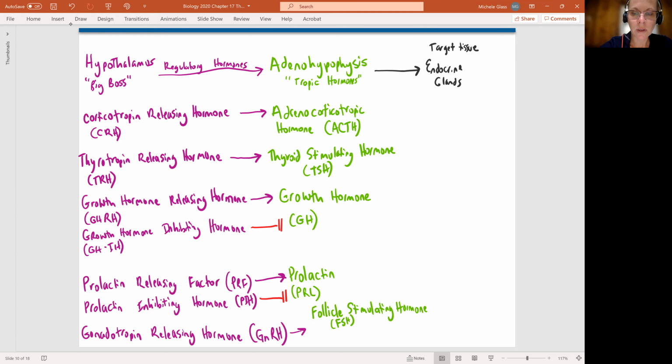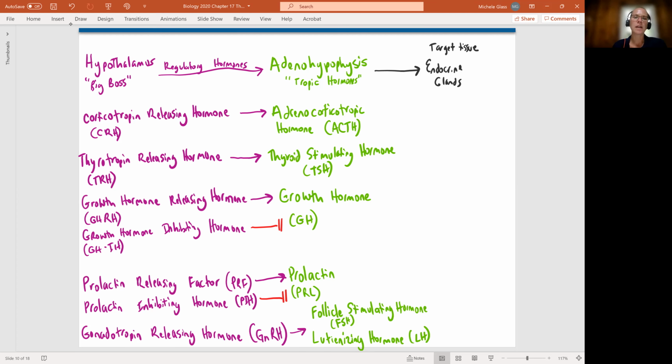And then we'll also get what's called luteinizing hormone, and that is abbreviated LH. Let me check my spelling. Luteinizing, that looks pretty good.